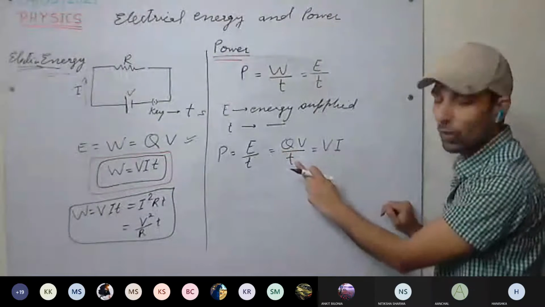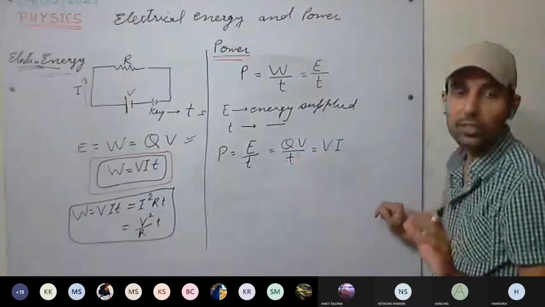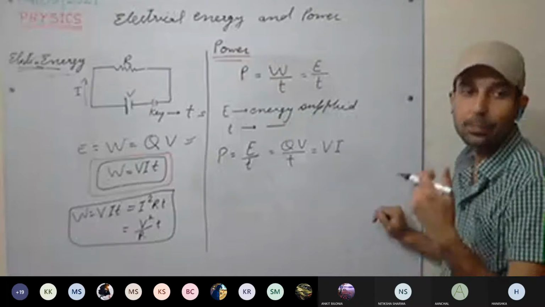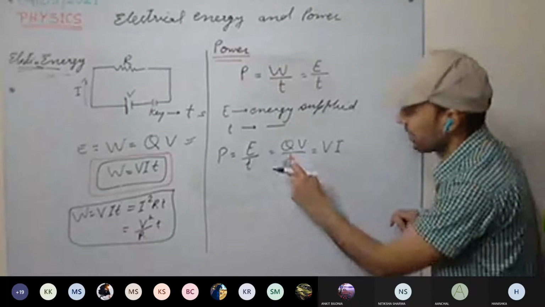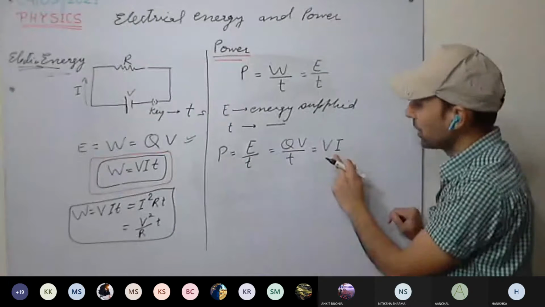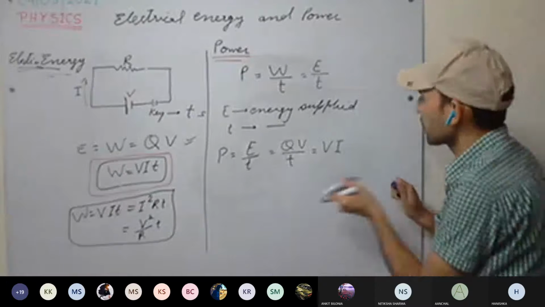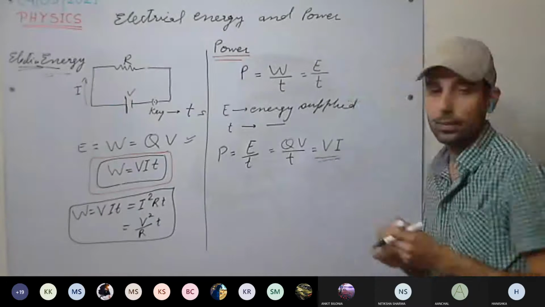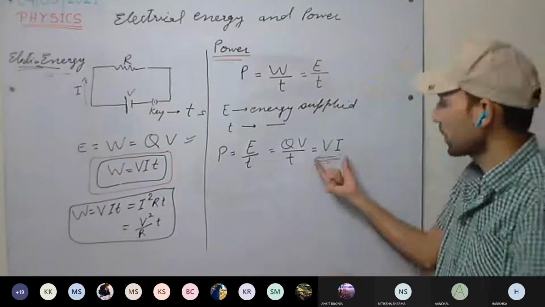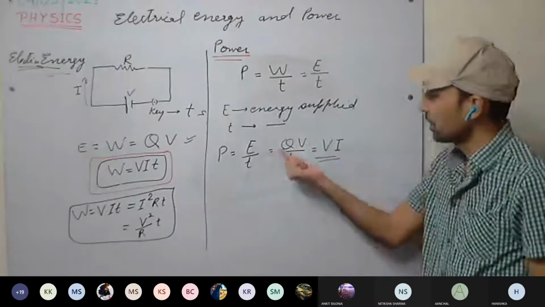Rate of flow of charge, that is current. Rate always means per second, with respect to time. So what is the first expression for power? V into I. That is the potential difference across and the current flowing.